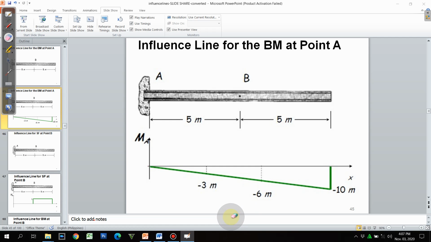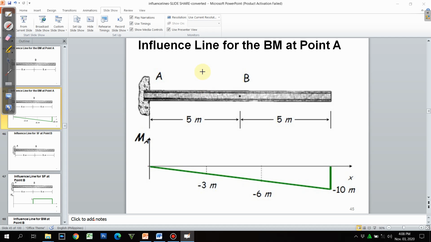So in this case, it was divided into 3 segments: 0 to 3, 3 to 6, and 6 to 10.